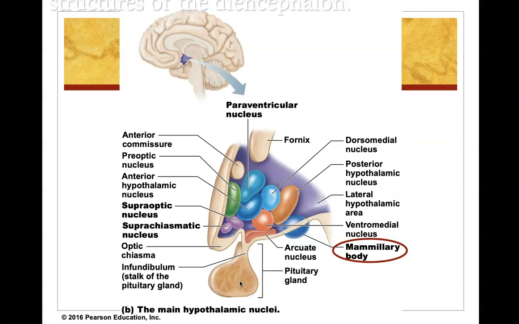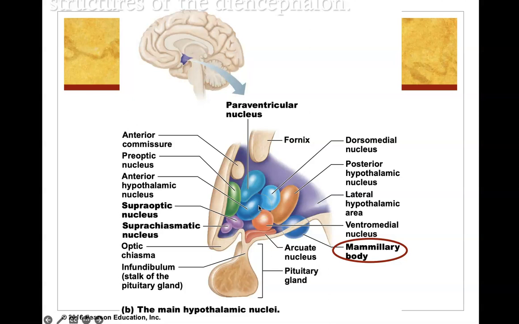But the reason that the hypothalamus is so important is that it tells this pituitary gland what and when to release those hormones. So it's like the control center for that pituitary gland, which is why it has this nice big stalk connecting the pituitary gland to the hypothalamus.